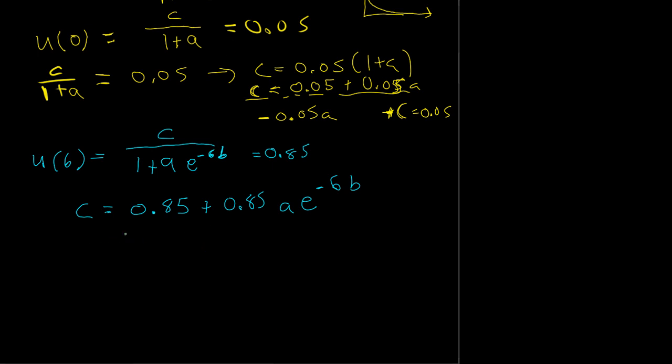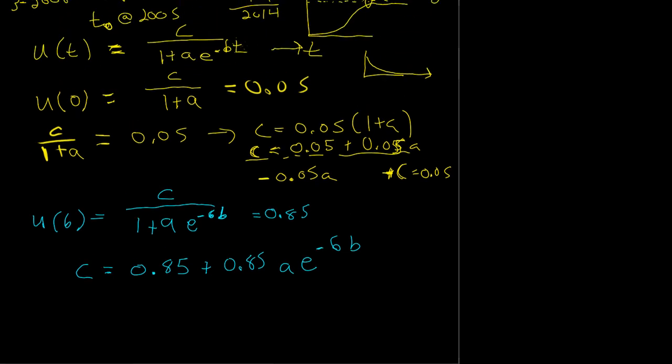So I now have a and b in my equation, and I have c. Notice I have three things. So to figure out what a, b, and c are, I need 3 data points. So I'm going to grab one more, and then I have to put this all together.